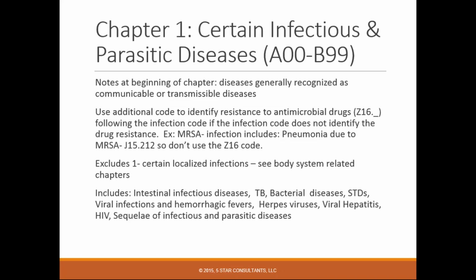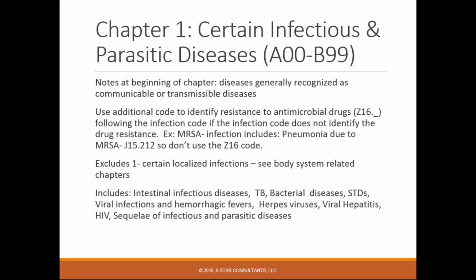Now also, the Excludes 1 notes in every section are one of the reasons you really have to look your codes up and not just rely on a match from your software system, because in ICD-9 there may be 1 code, and in ICD-10 there may be 20 for that diagnosis. And the Excludes 1 notes may be very different and give you information that says you can't code these together. So if you have a localized infection, you have to see the body system related chapters.